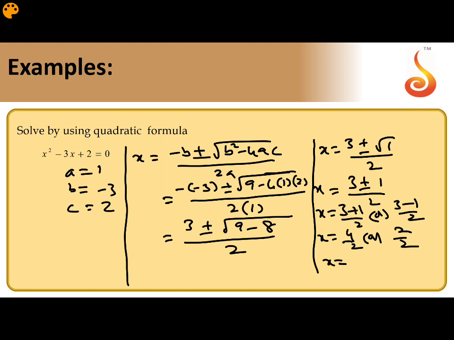So finally x equals what? 2 or 1. 2 or 1 are the roots of the equation. So understand? But I think everyone knows this formula. So this is a way to solve the equation by using the quadratic formula.